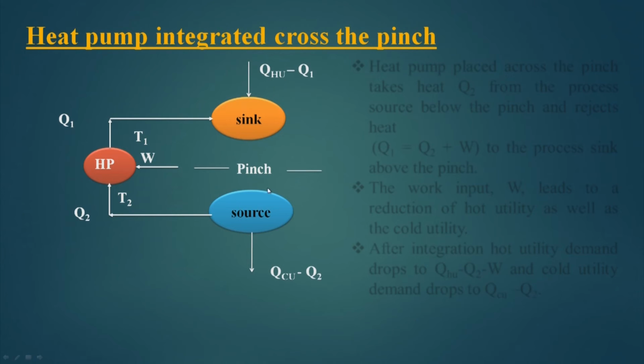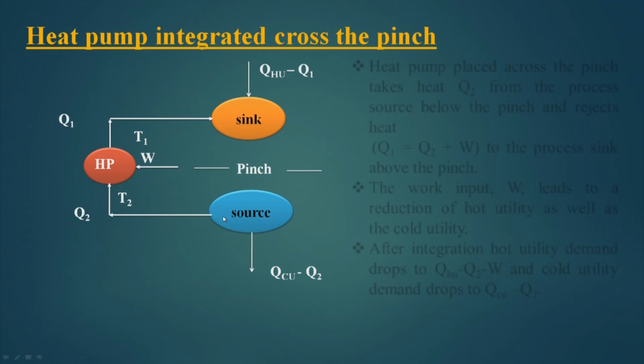So, what we are doing here, I am injecting heat Q1 to the sink and taking Q2 heat from the source, and to transfer the heat I am giving work equal to W. So, when I do so, the hot utility requirement reduces from QHU to QHU minus Q1, and the cold utility requirement is also reduced to QCU minus Q2, and this is expected because at the source extra heat is available, which will otherwise go to the cold utility.